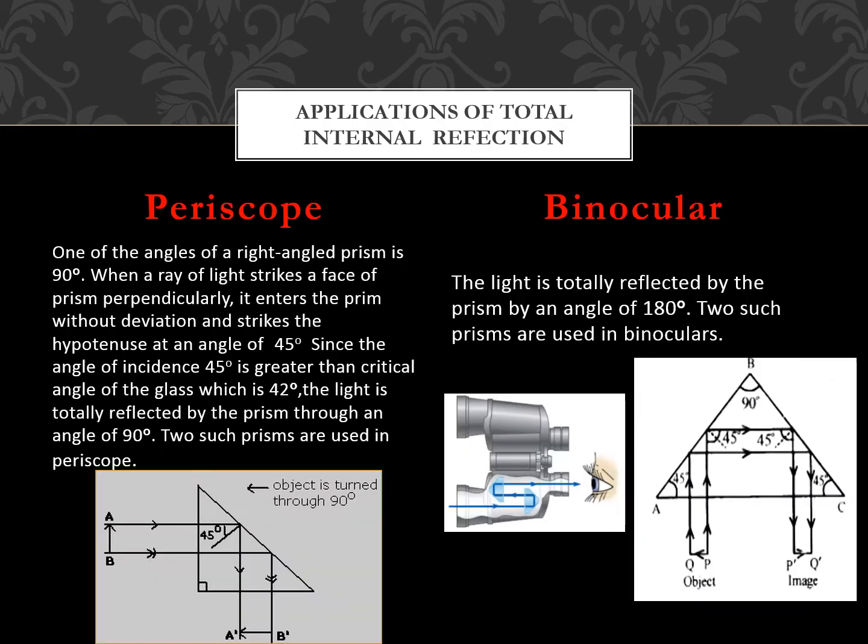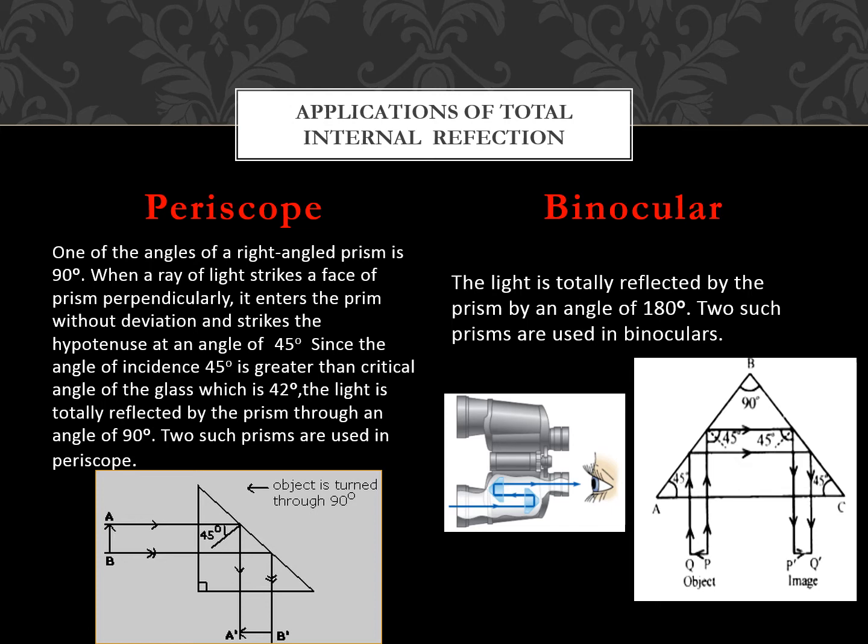Now we are going to discuss the two examples, that is periscope and binocular, in detail. Number one is your periscope. As you can see in the figure, one angle of your right-angled prism is a right angle, that means it is of 90 degrees.